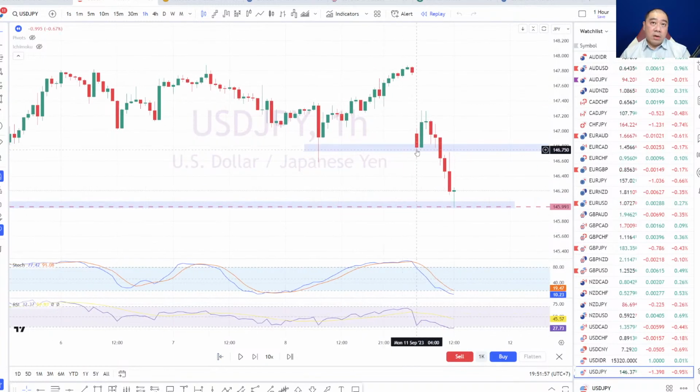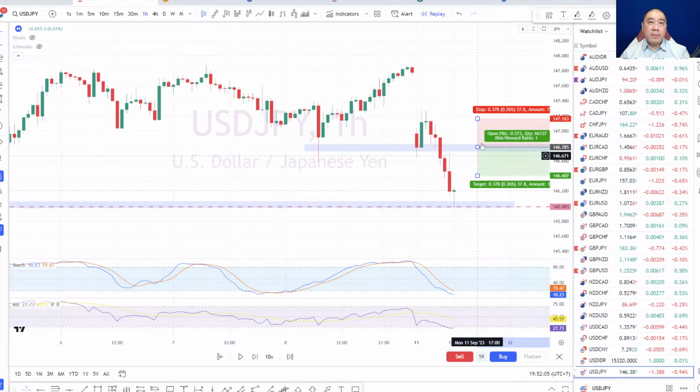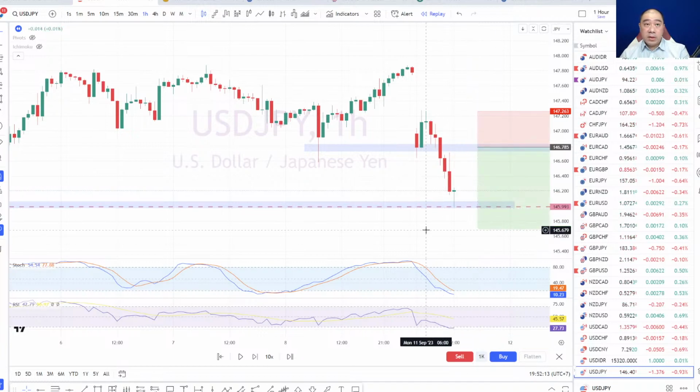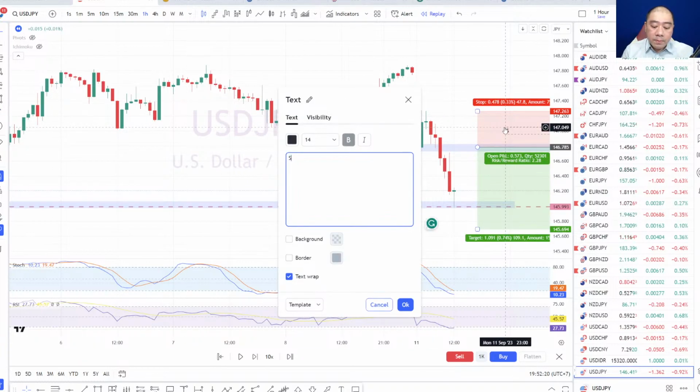I missed out on my entry, and I think the market is going to go back down. I'm going to have my sell limit at 145.75, maybe my stop loss there, and I'm aiming for a return lower for the market. So this is a sell limit.